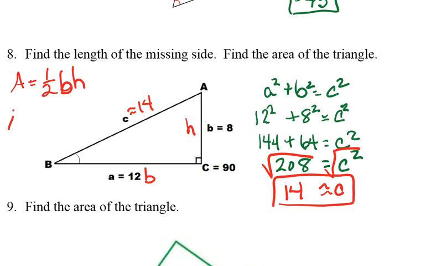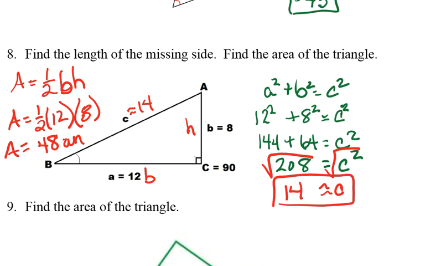So my area would be 1/2 times the base, which is 12, times the height, which is 8. So half of 12 is 6, 6 times 8 is 48. So my area is 48. I don't know the units, so I'm just going to write 48 units squared, because remember, area is always squared. Okay, so that's how I find the area of this.